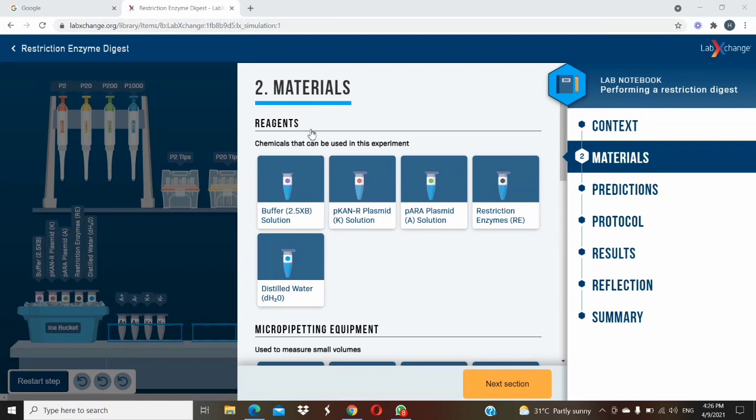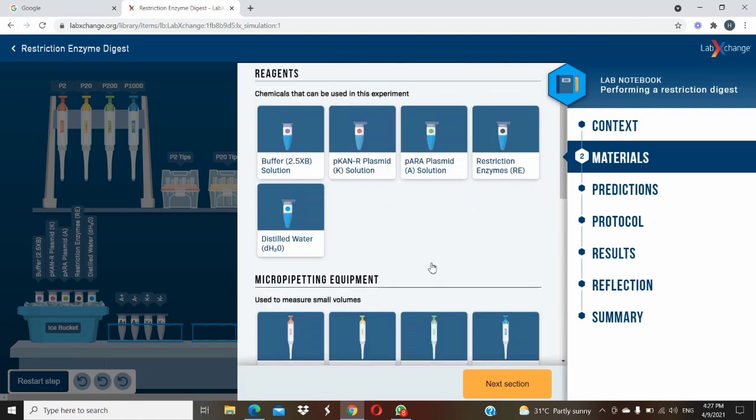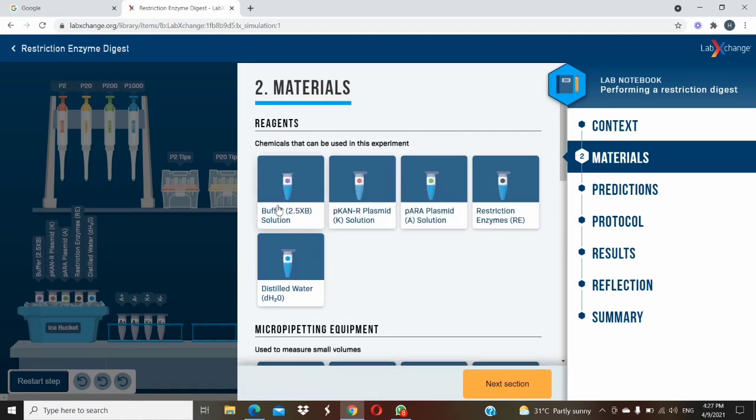Let me introduce the materials and apparatus that we are going to use for this simulation. First, materials. Here we have several reagents that we are going to use for this experiment, such as buffer solution, pKa and R plasmid solution, PARA plasmid solution, restriction enzyme, and distilled water.